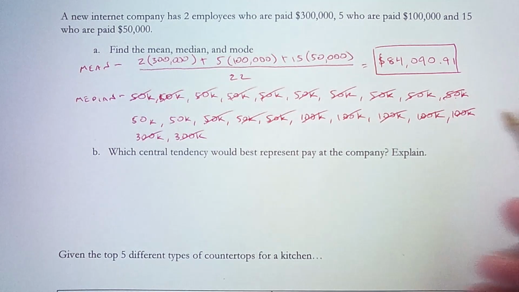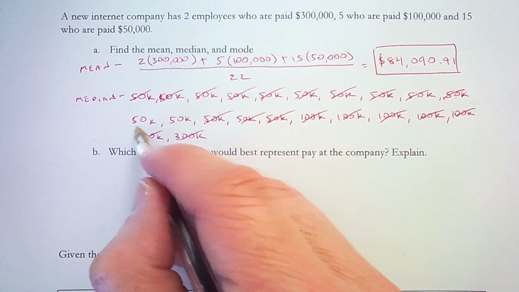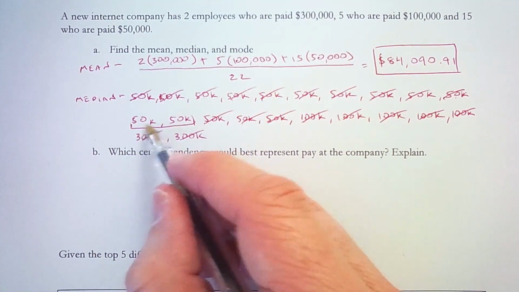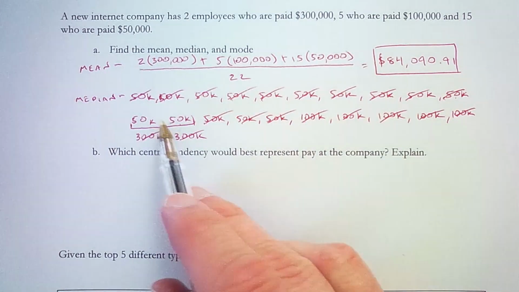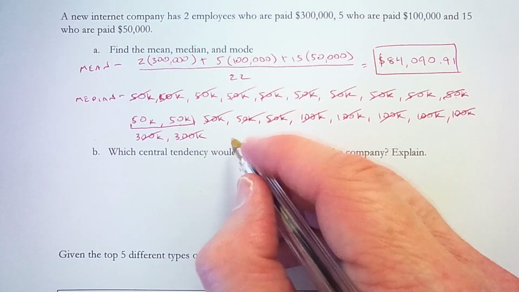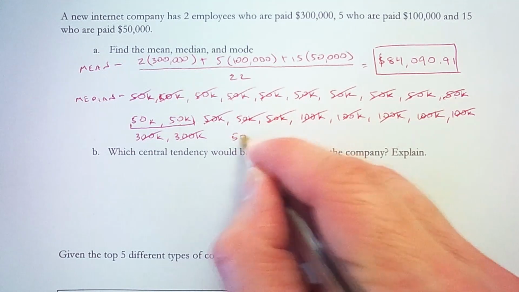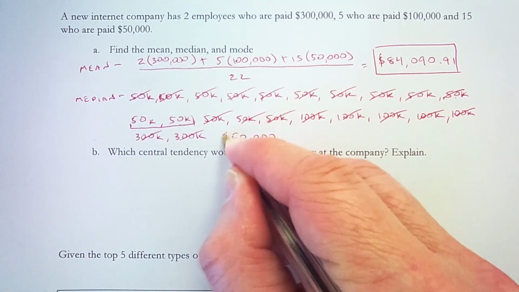And it's becoming pretty clear we're settling on $50,000. So the median here is the average of these 2 central numbers, and since they're the same, I know that the median is $50,000.